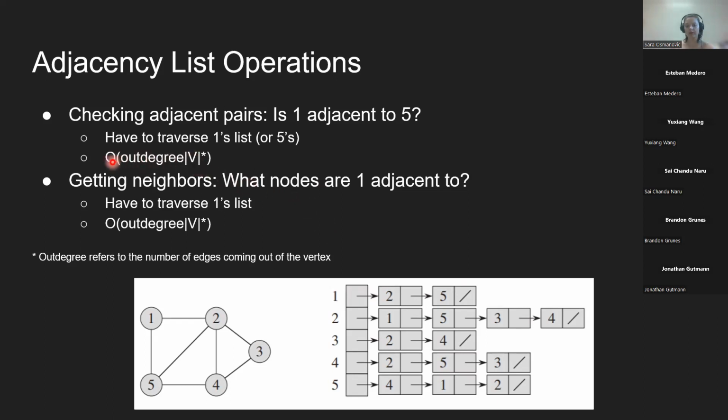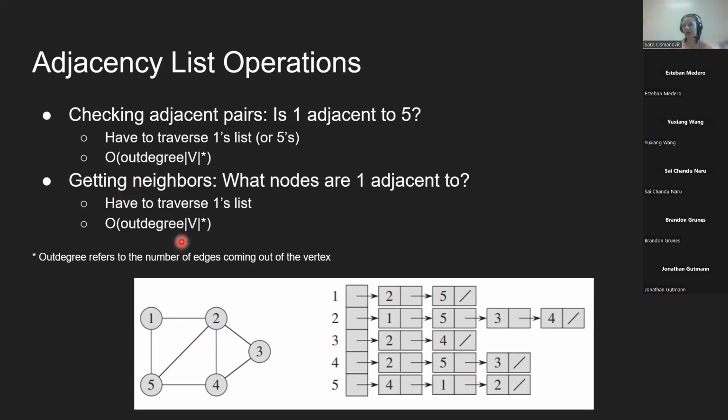And that is going to have the complexity O of out degree of B. So out degree is just a word for how many edges there are coming out of a vertex that you're looking at. So if you have vertex 1, the out degree of 1 is 2 because it has these 2 edges. But when you look at vertex 2, the out degree is 4 because it has these 4 edges here.